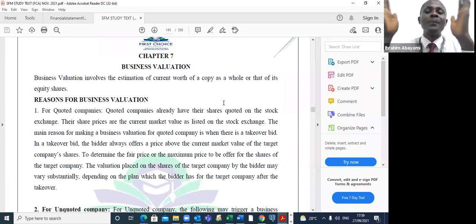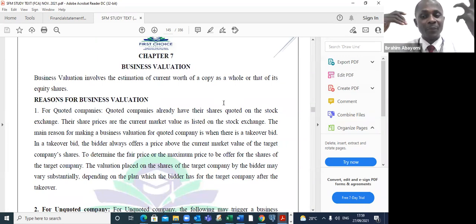For the two companies to merge, we must know their separate value. Their value will be different from the normal market valuation you have on the stock market, because the one you have on the stock market might not reflect some information like your goodwill, like your intangible assets, and so on and so forth. So that is the reason why you might need to value a quoted company.